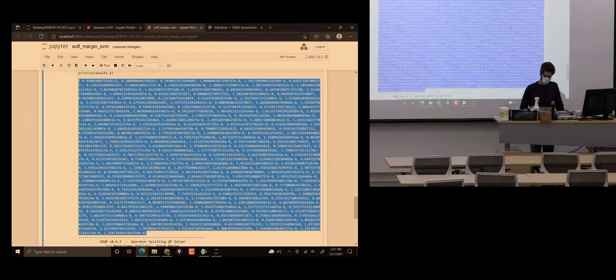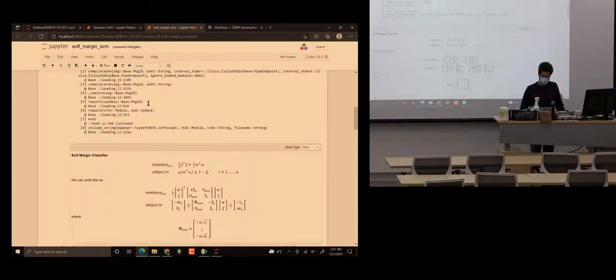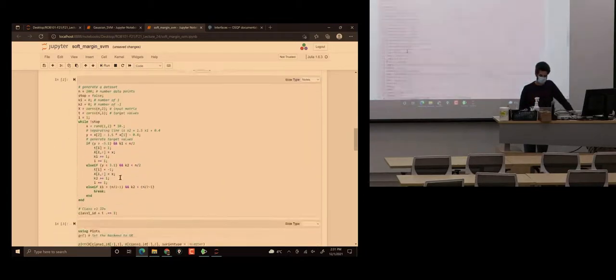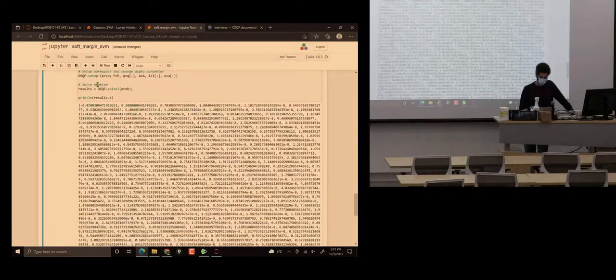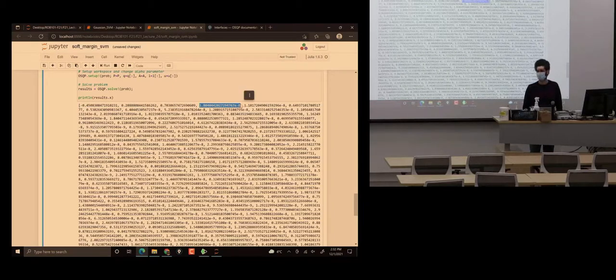Now, the way I know which part I want is in your vector, right? The first 3 parameters are W. All the other ones are the slack variables. We don't particularly care about the slack variables. We only care about the first 3, right? So you can throw away the rest. But it's interesting that you can see for most of the points, the slack variable is almost 0. These are points that are far from the line, the boundary.